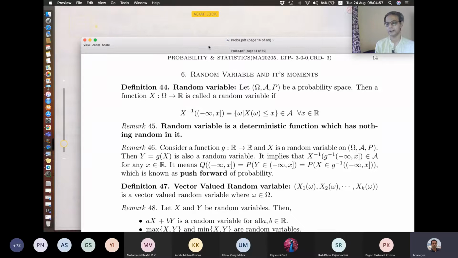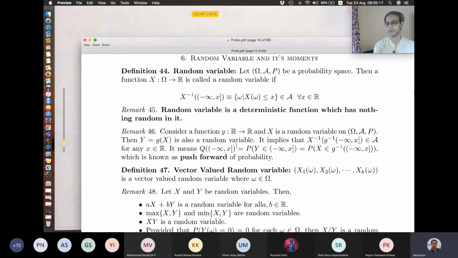Now, if you consider any function of a random variable, then that is also a random variable. And for the same omega, if you can construct more than one random variable, then you can construct a random vector. We have not yet defined what the distribution of a random vector will be.